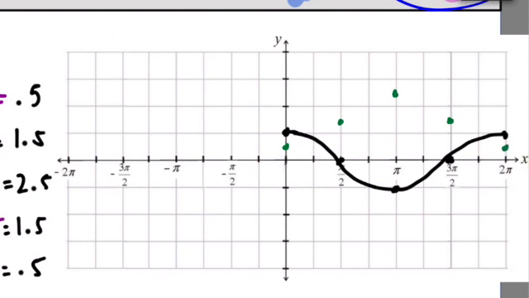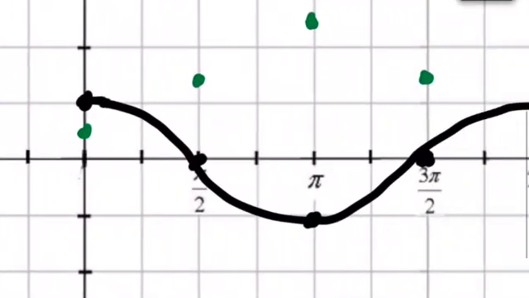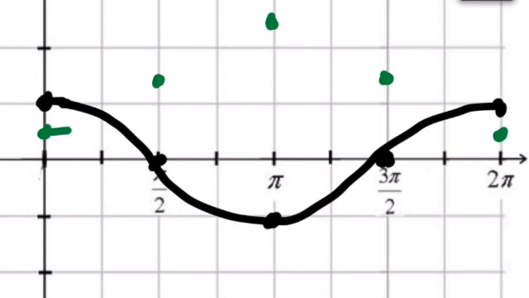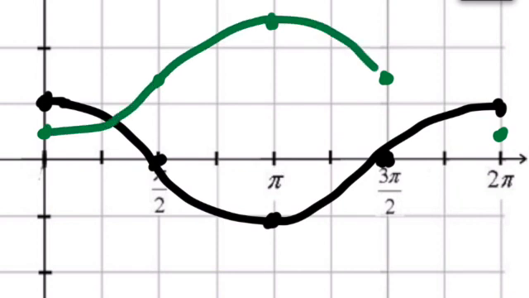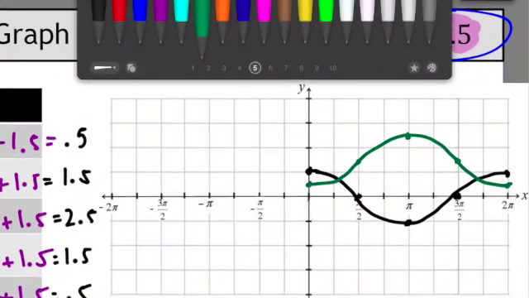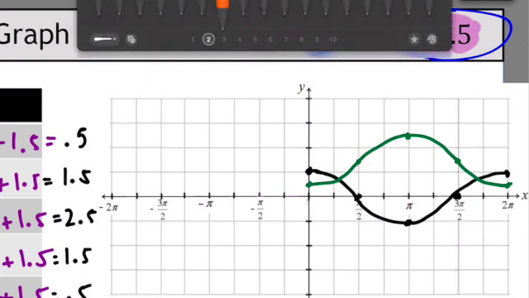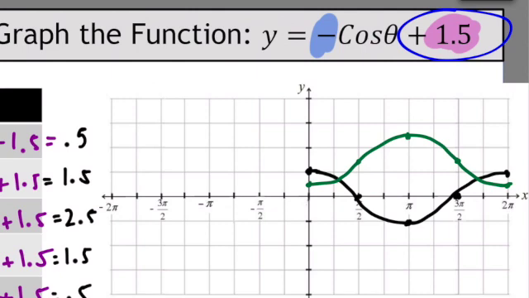So now I get the shape of my graph. Try to zoom in here a little bit. All right, and there's the shape of my new graph. Let me draw the midline going through it. Let's do it in orange so it's nice and bright. Oops, we can barely see that.